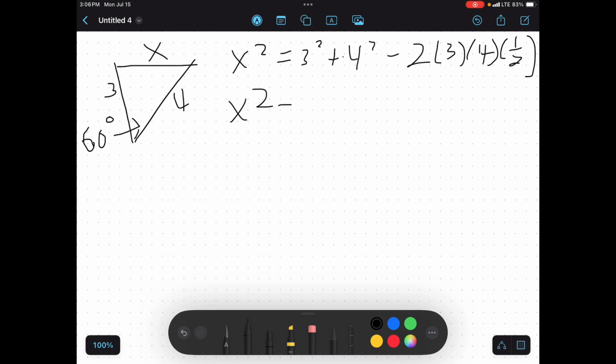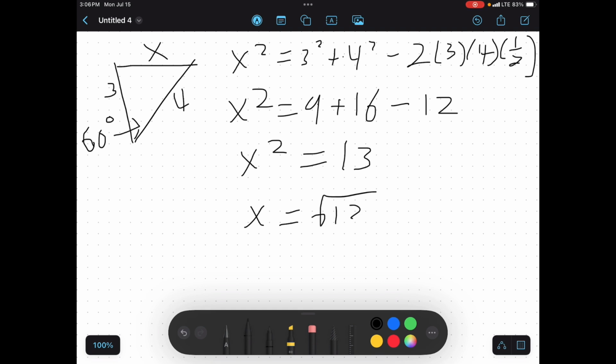Therefore, x squared is equal to 9 plus 16 minus, well, my 2 and my 1/2 cancel each other out, so all I'm left with is 3 and 4, so times 12. 9 plus 16 is 25, minus 12 is 13, so x squared is equal to 13, and therefore x is equal to the square root of 13. Obviously, I don't need to account for plus and minus, because there's no such thing as a negative length when we're talking about the side of a triangle.